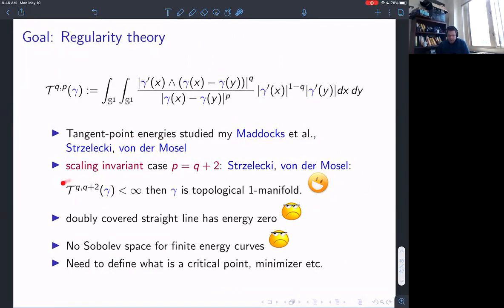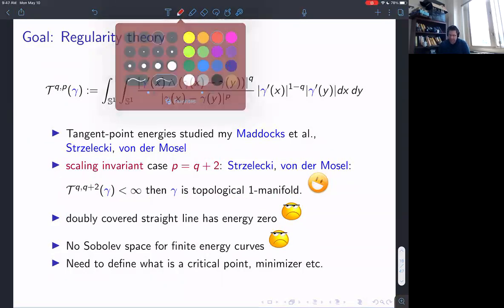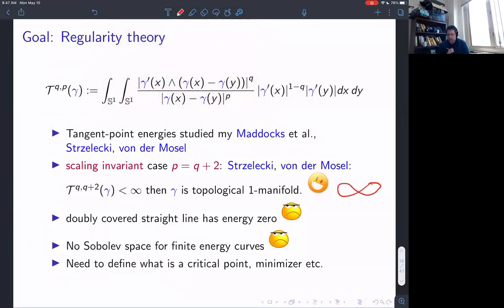So when the energy is finite in the scale invariant case, you can show, and Strzelecki will show, that you have a topological one manifold. So what you cannot have is a self-intersection like this, right? Because this wouldn't be a topological manifold. However, what you still can have, and actually that's a global minimizer, is a straight line, parameterized the way you want.